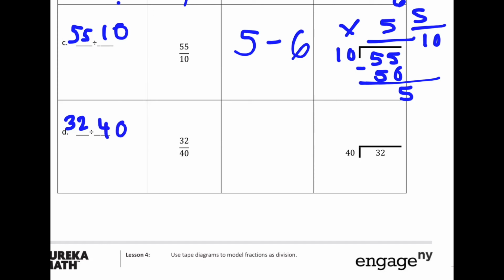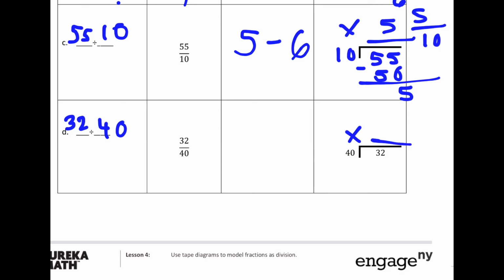All right? Let's go ahead and move on to the standard algorithm. Okay, they put it in for you. The numerator goes in the box. The denominator goes outside the box. And remember, we're trying to figure out 40 times what is equal to 32.